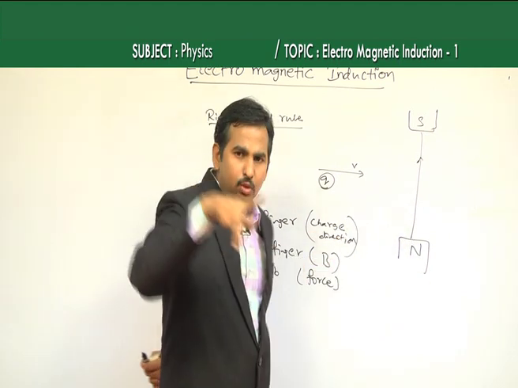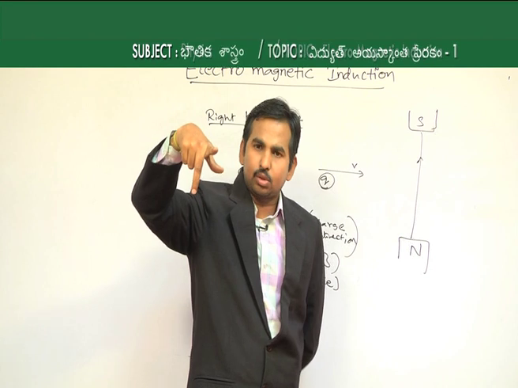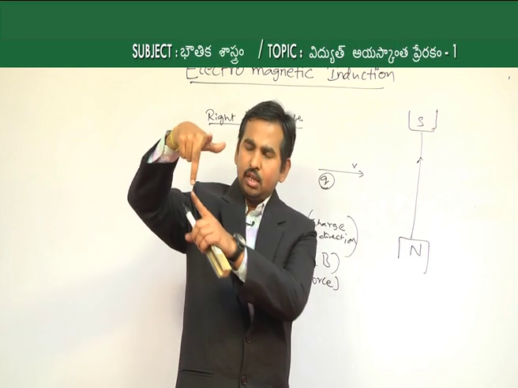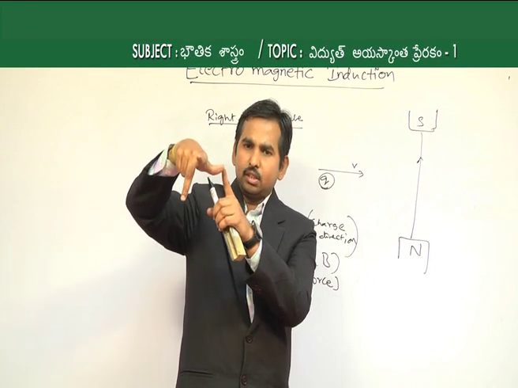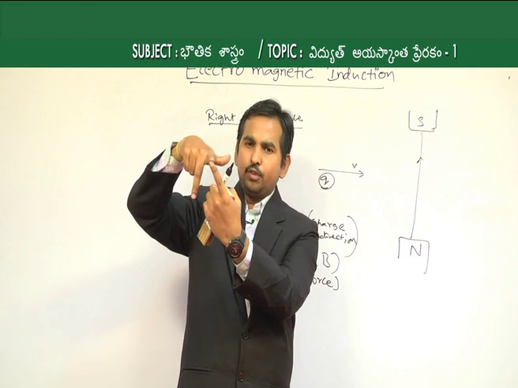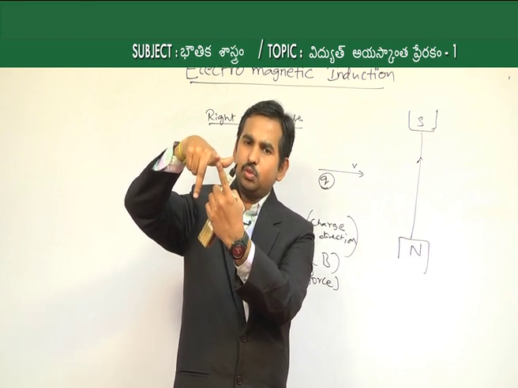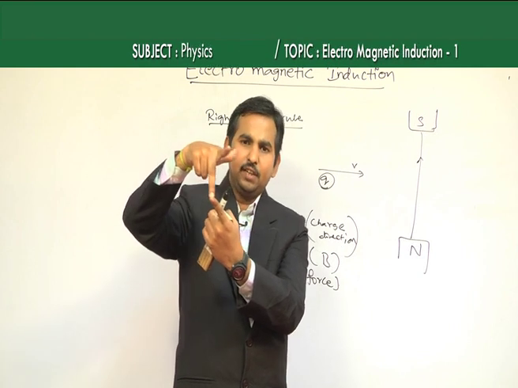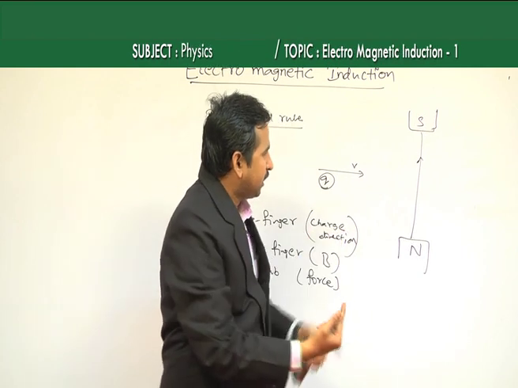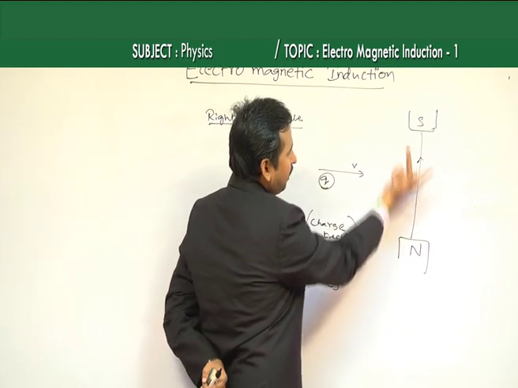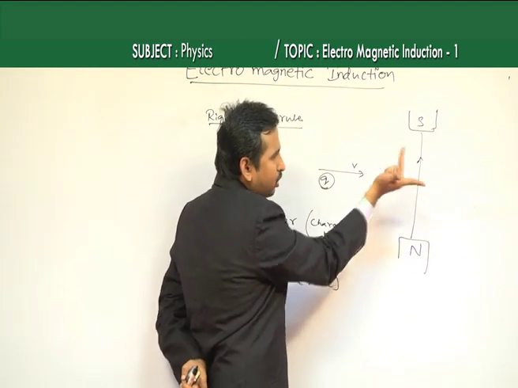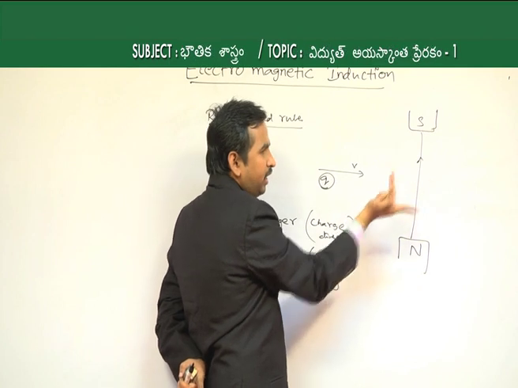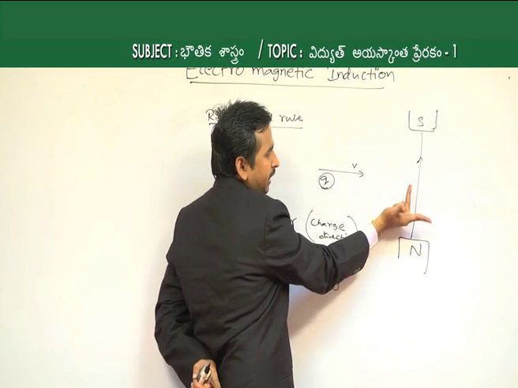Once you stretch the fingers like this, mutually perpendicular, the forefinger gives the direction in which the charge is moving, and the middle finger gives the direction of the magnetic field strength.